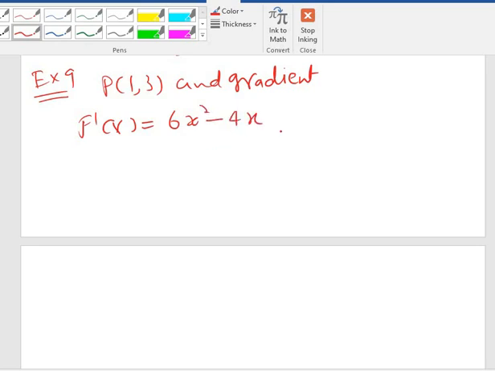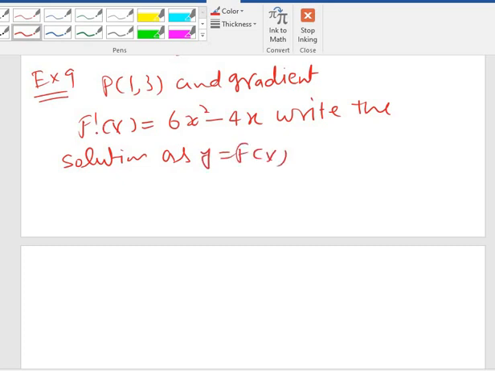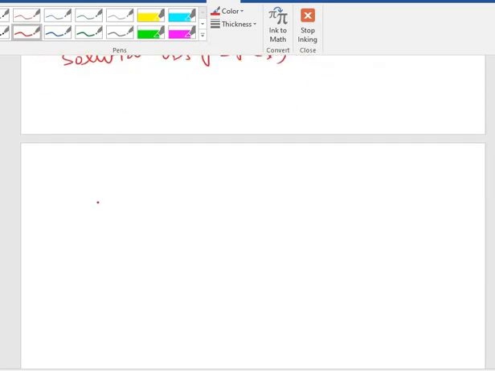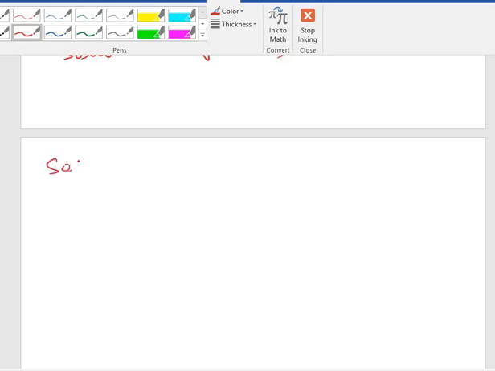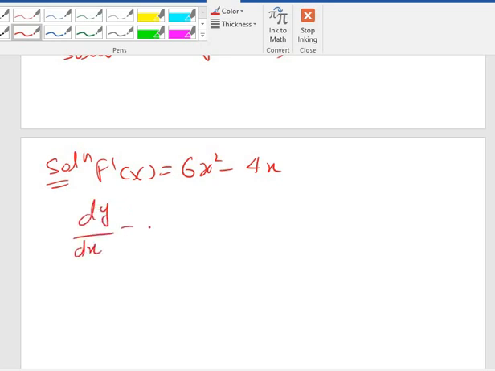He wants us to write the solution as y is equal to f(x), so he needs the solution of this differential equation. f dash x equal to 6x square minus 4x is the gradient, and gradient means slope, or you can say dy/dx. So dy/dx is equal to 6x square minus 4x.